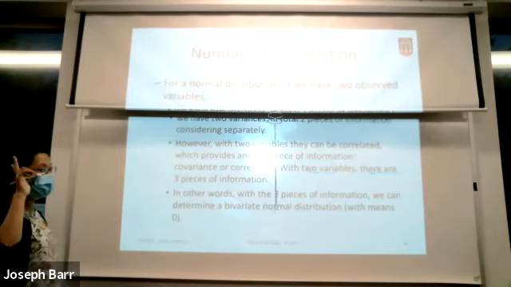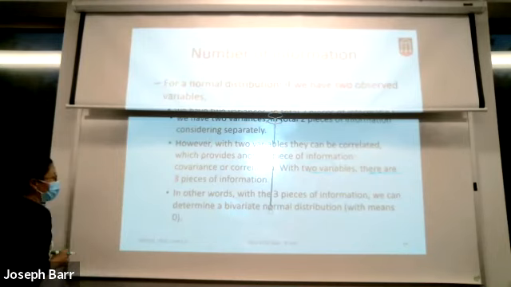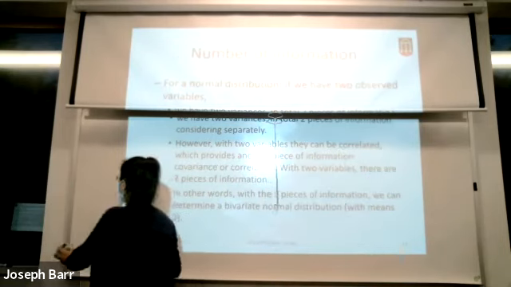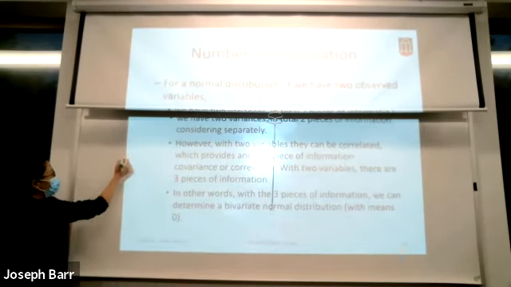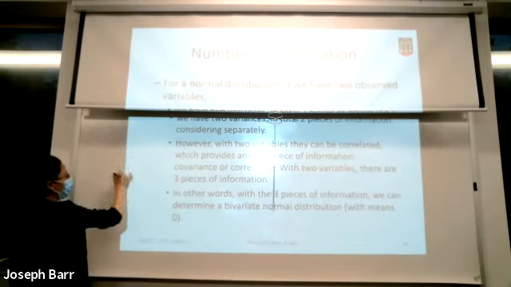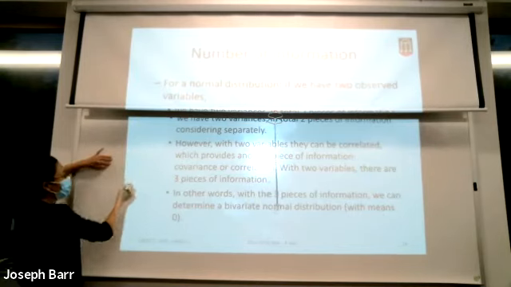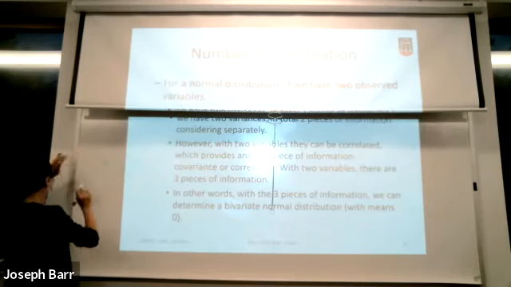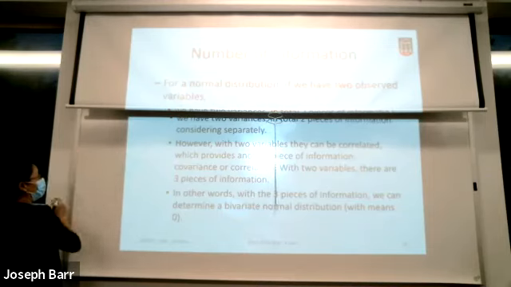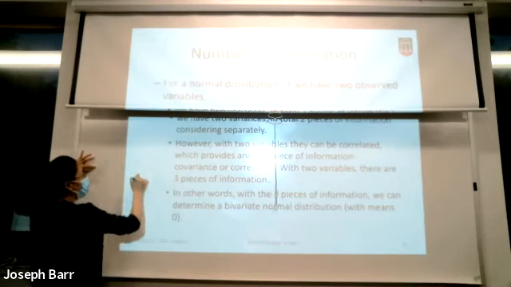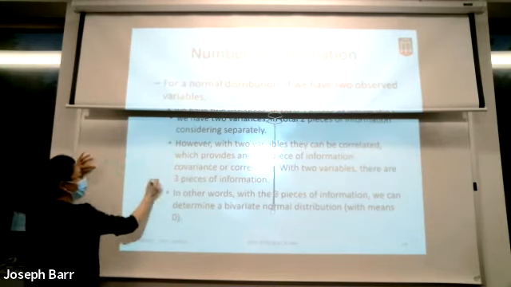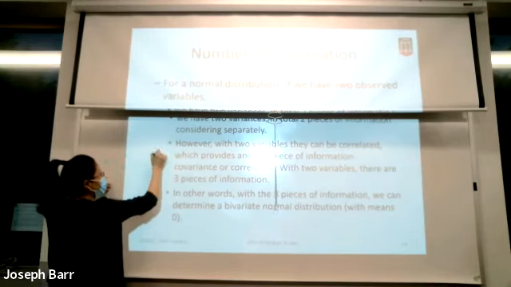But now if we have 2 variables. Previously, I just gave the case of p equals 1, where we only have 1 variable. If we have 2 variables, suppose we have x and y, then in order to get the covariance information of x and y, you need to specify this matrix.